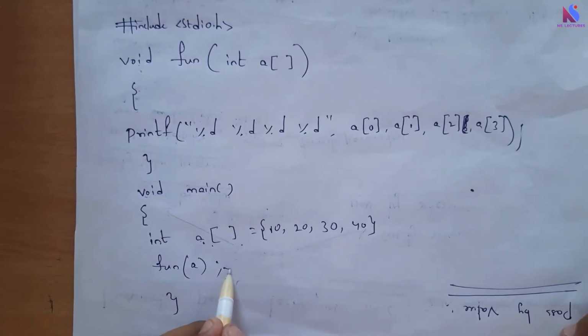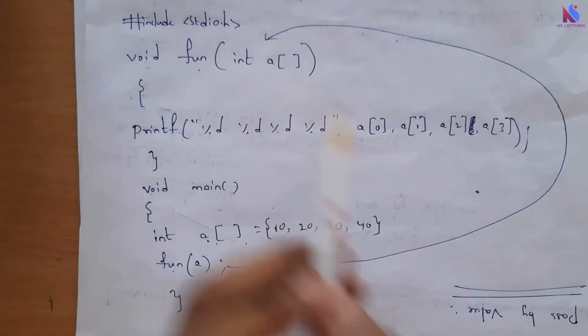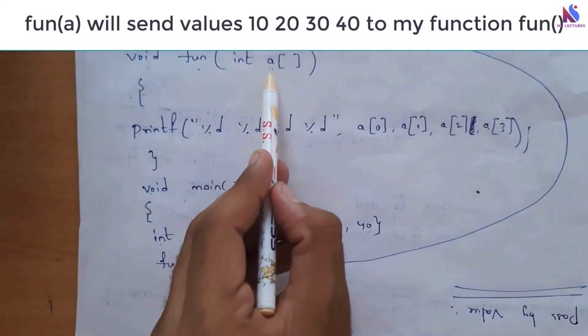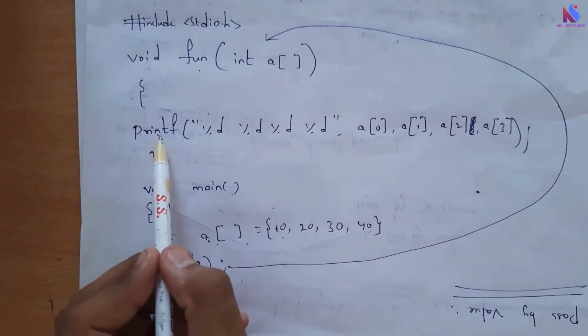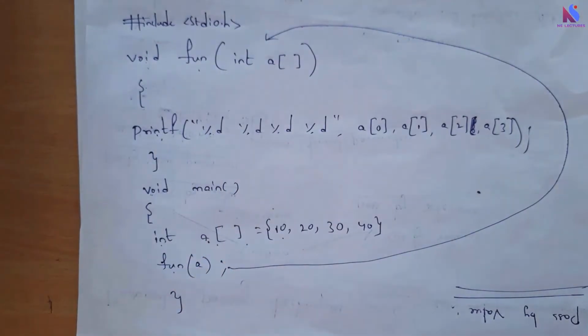Now I need to write separate code for this. So I took void and I gave the function name as fun. So I wrote here void fun. Inside this I wrote the array. I gave the array name as a and data type is int, so here you need to write int a. I want to print all 4 values. All these are integers, so I wrote here printf %d, %d, %d, %d, comma a of 0.